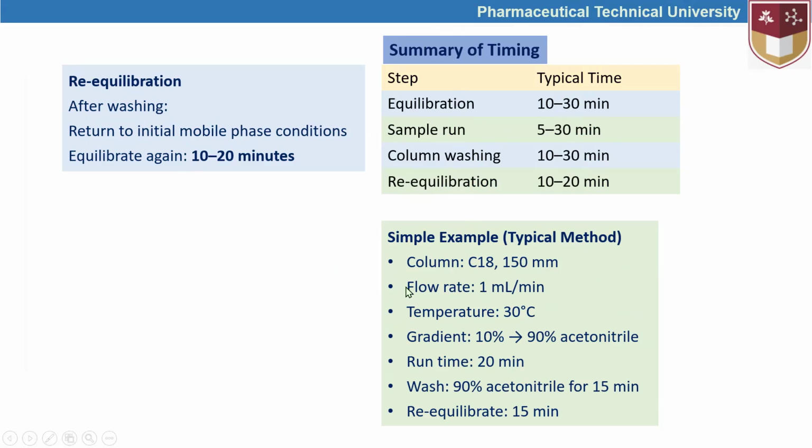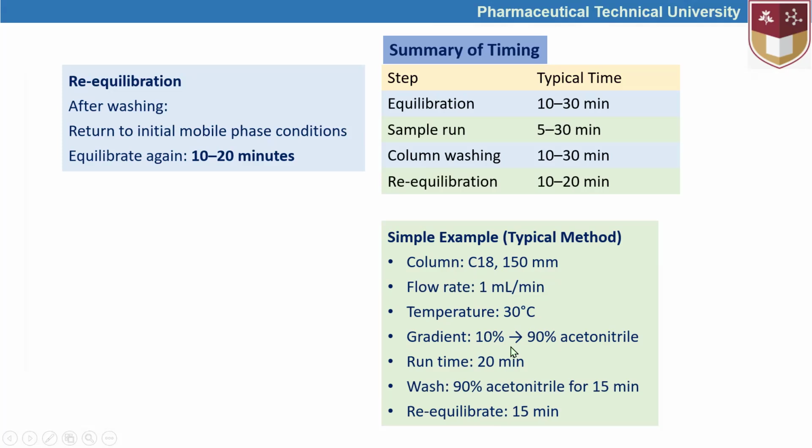And an example here is, for example, if we use a column filled with C18 silica gel, with a column length of 150 millimeters, and the flow rate can be 1 milliliter per minute. The temperature can be set at 30 centigrade.